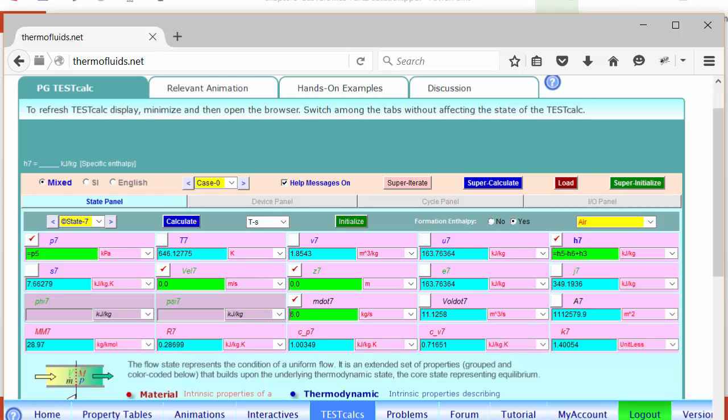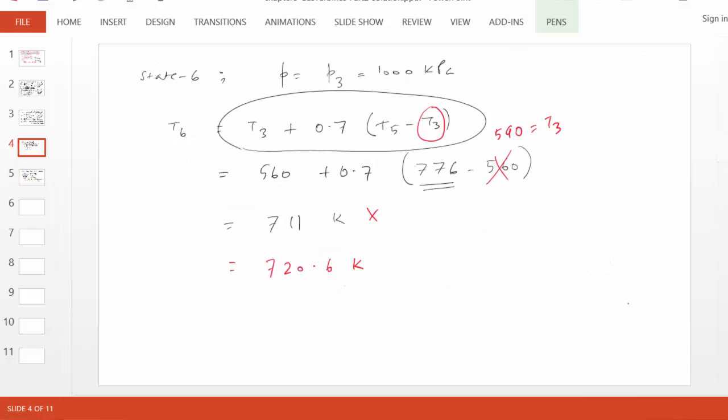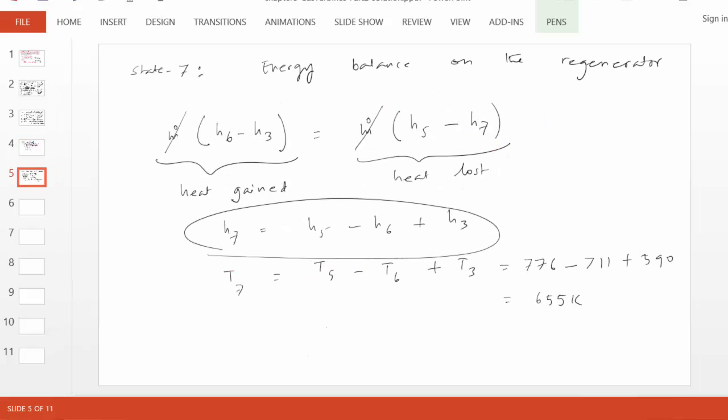So let's see what mistake we made again. Okay, so we used a value of T6, which we calculated to be 720. Oh, so again we substituted the old value, the wrong value.